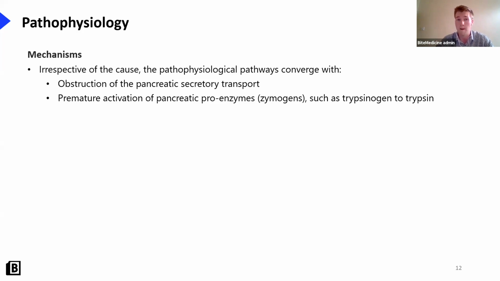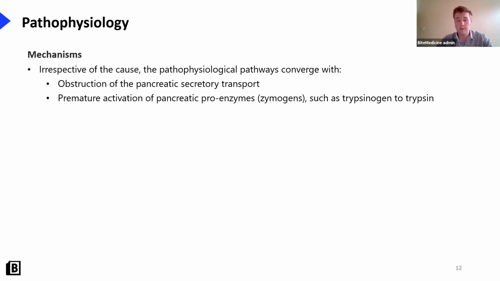So it's a blockage within the pancreatic duct that stops those enzymes getting to where they need to get to in the gut. And secondly, a premature activation of these pancreatic enzymes that are usually in a pro form. We call those proenzymes zymogens. They need to be in pro form because if they were activated within the pancreas itself, they would start to digest the pancreas.